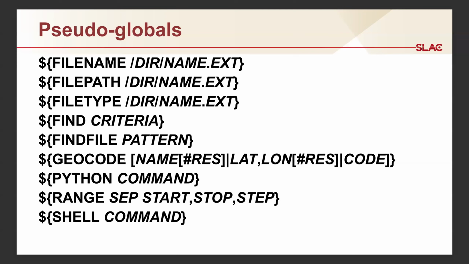Geocode does a lot of geographic manipulation. It primarily is designed to convert latitude and longitude to what's called a geohash. A geohash is a unique coding mechanism for a location that allows you to do searches for things like proximity of one location to another. It has a resolution associated with it, so you can geohash latitude and longitude to different resolutions.